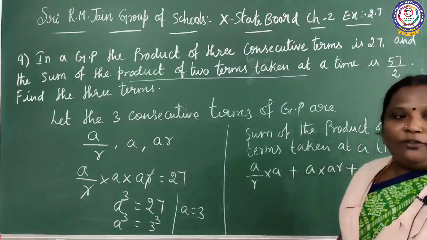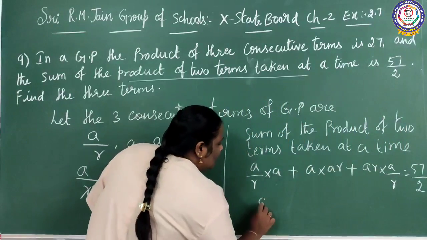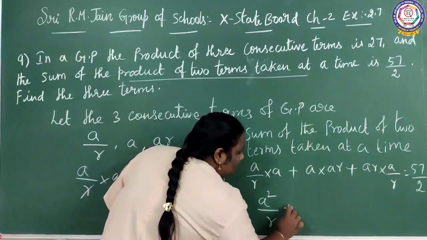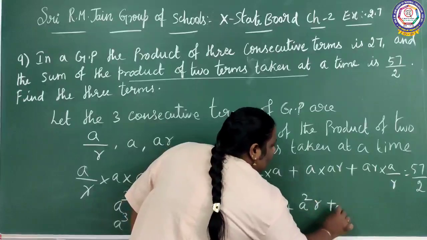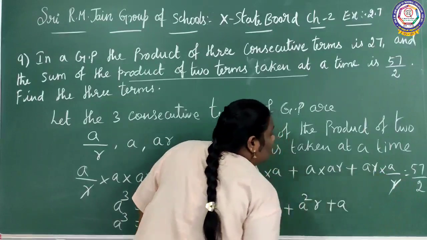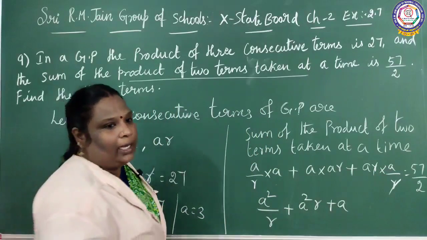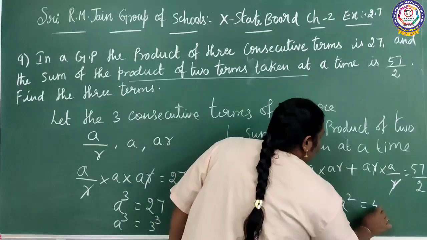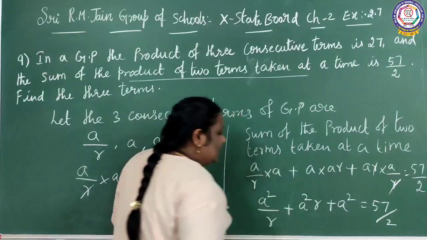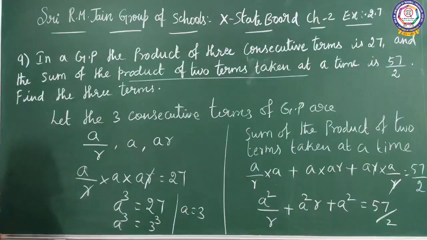So it is A square by R plus A square R plus A square equal to 57 by 2.